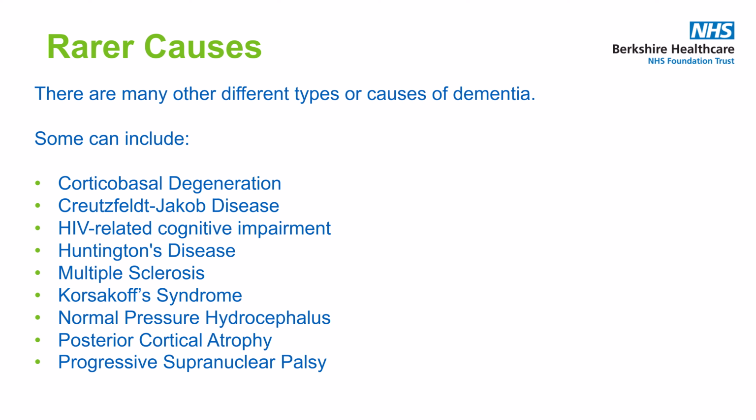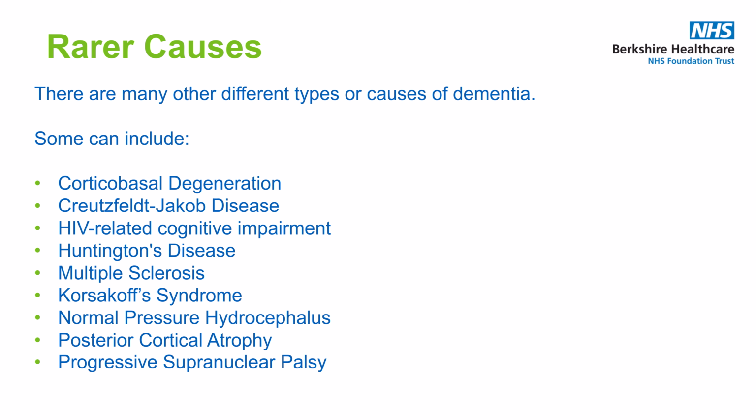There's something called normal pressure hydrocephalus, which is due to pressure effects in the brain, and this can affect people's memory, the way that they walk, and can cause some incontinence. It's important to pick this up because people can have a shunt and those symptoms can improve.